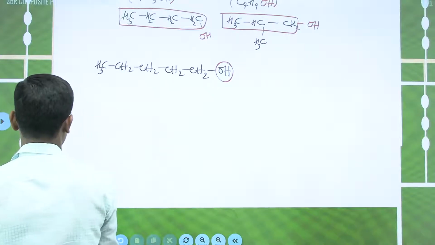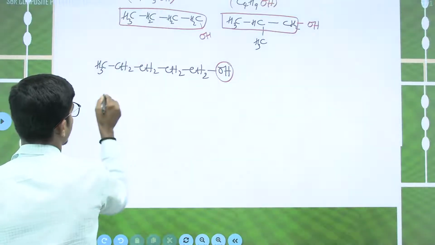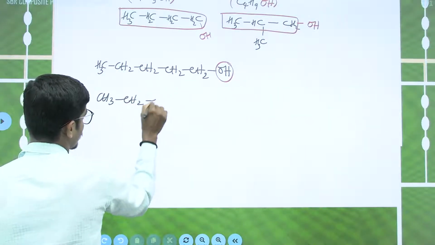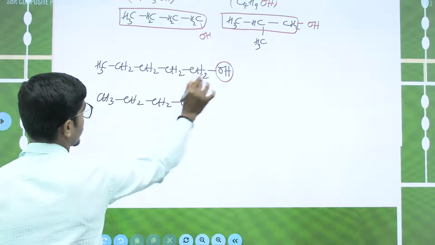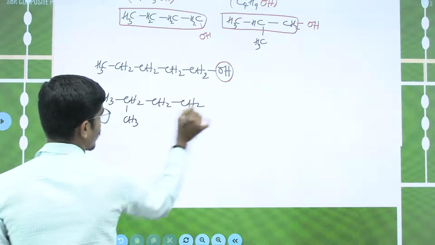The second structure: CH3, CH2, CH2, CH2. Here there are a total of 5 carbon atoms, here only 4 carbon atoms, and an OH group.